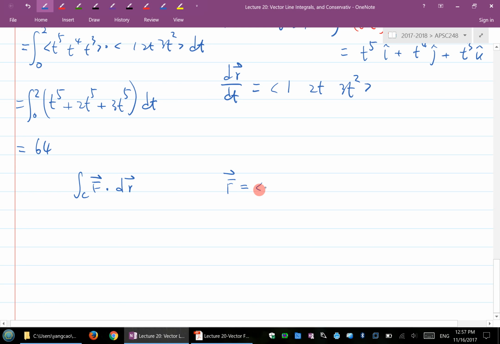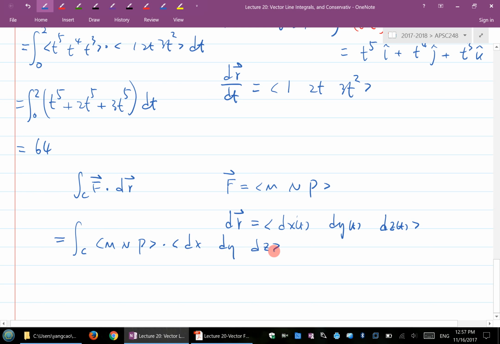If I shorten this vector field F, which has three components M, N, and P, and if I have the derivative dr of this parametric equation, which is dx, dy, and dz, now if I substitute these two into this formula, we would get M, N, P dot dx, dy, dz, and then you get M dx plus N dy plus P dz.